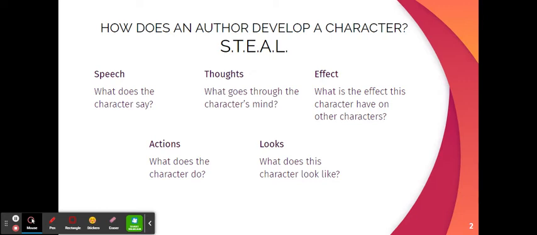The effect, this one is a hard one to see if you're not looking for it, but it's the impact a character has on other characters. If you think about your classmates, there's always that one classmate, that one friend, that one guy that you sit at the lunch table with, that always seems to make everybody in a great mood, right?